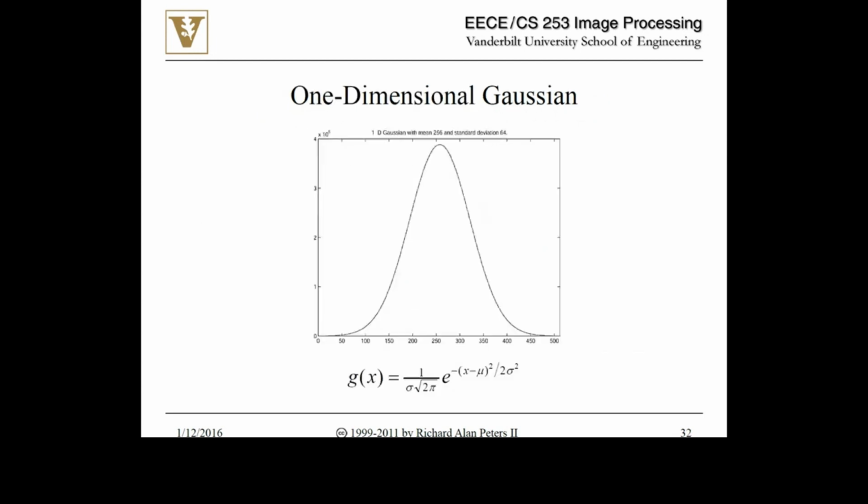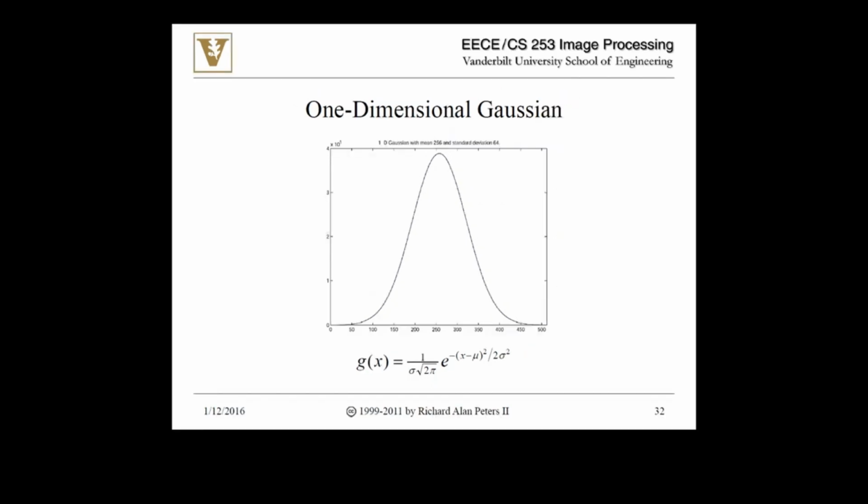And yeah, this is the formula of the one-dimensional Gaussian. We may recognize the features. So this is the mean. The mean is the mean value here, and then sigma controls what is the width of that Gaussian, that shape.